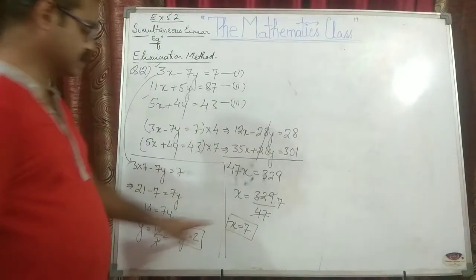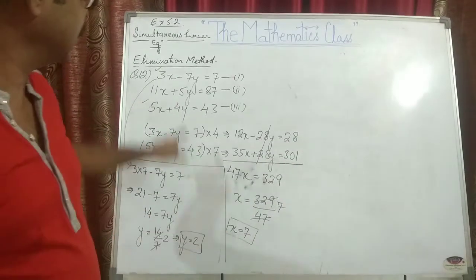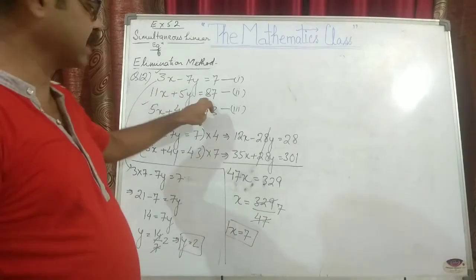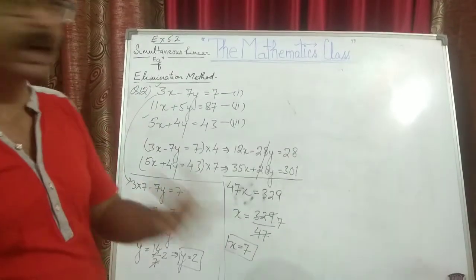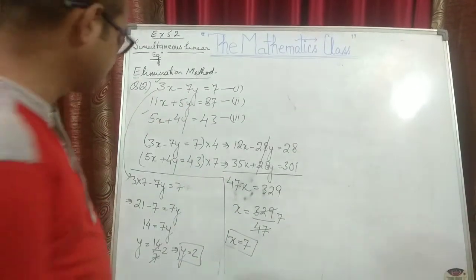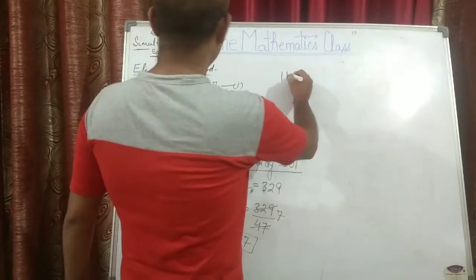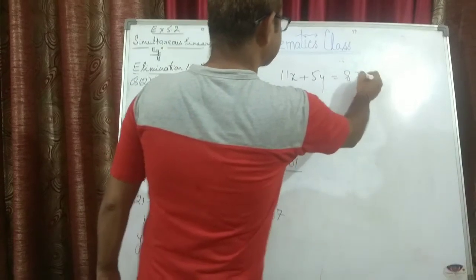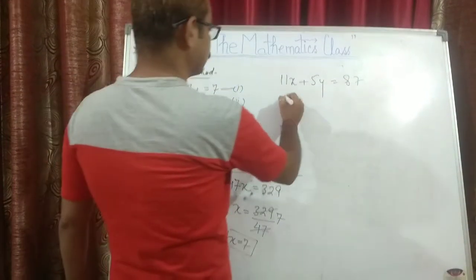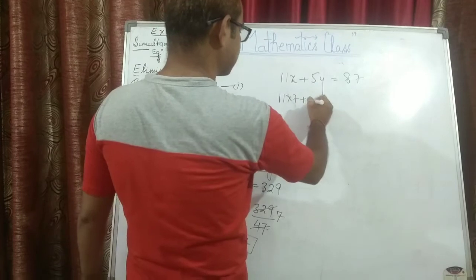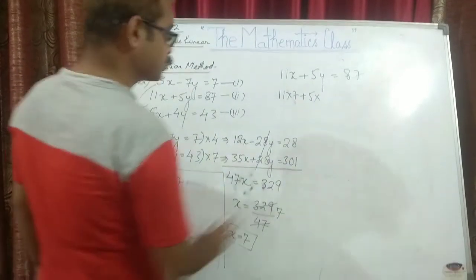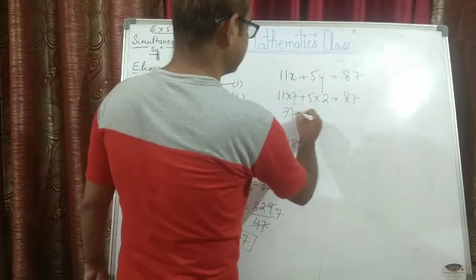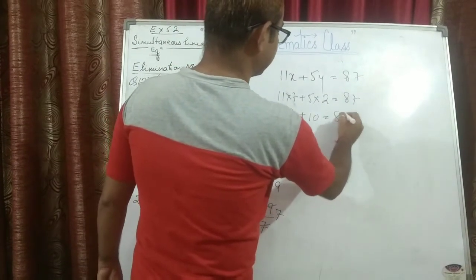Now what we'll do, we'll substitute these values in the third, leftover equation, in the left hand side. If it comes equal to 87, it means what we have done is right. Let's see, 11x plus 5y is equal to 87, x is 7. So 11 into 7 plus 5 into y, which is 2, is equal to 87. 77 plus 10 is 87.